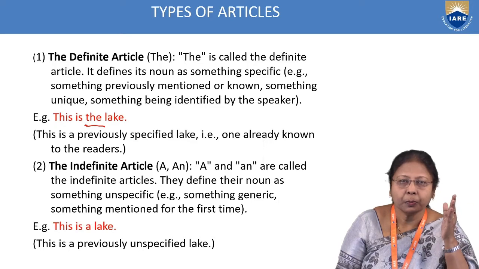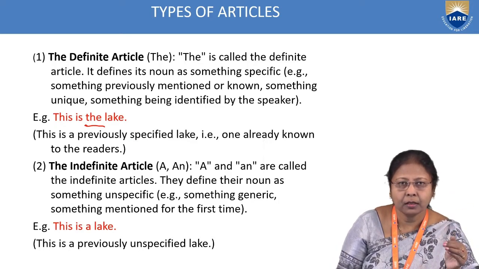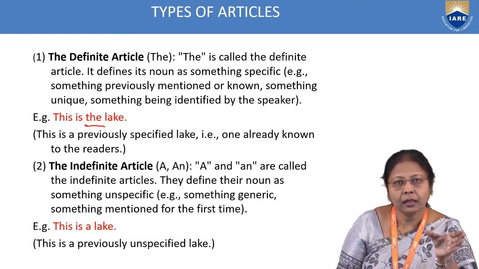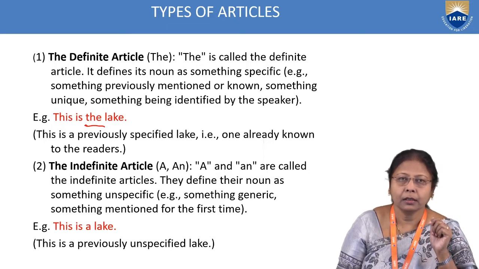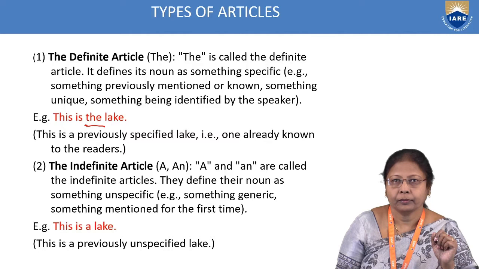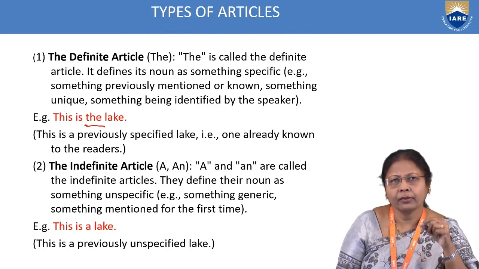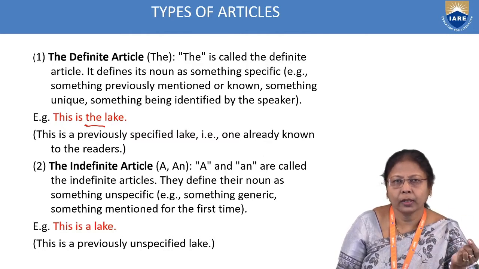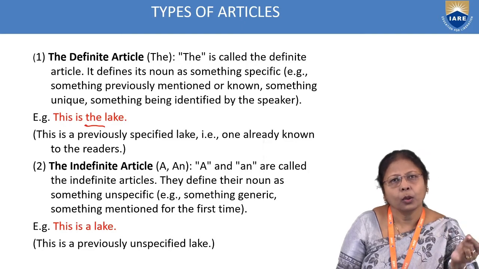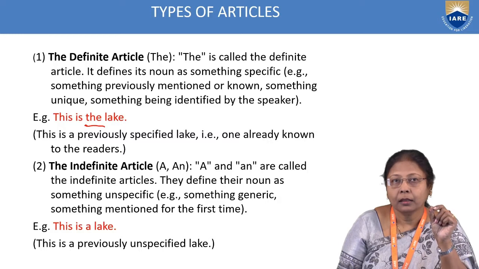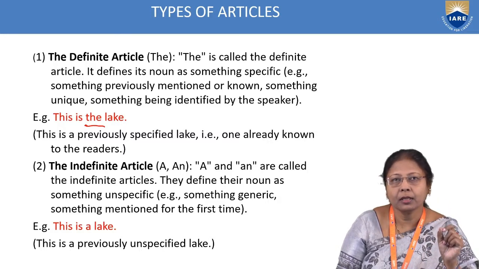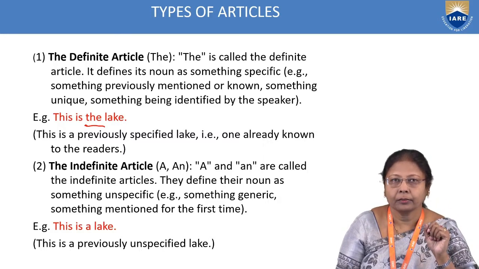When you specified previously, emphasizingly, if you mentioned a thing, person or anything, then we can go with the definite article the. Here, the lake means that already we have discussed this lake. So again we are emphasizing this. That's why this is the lake, definite article.